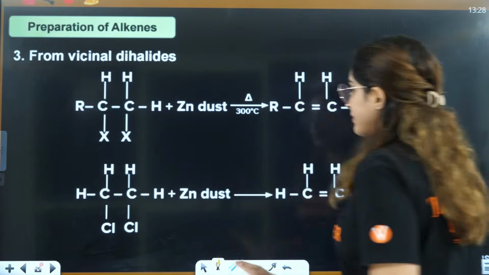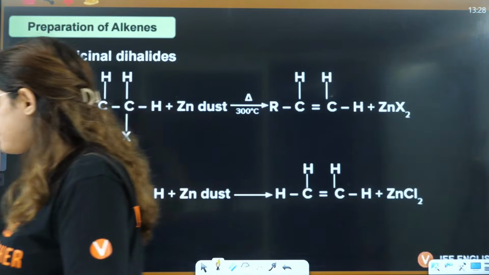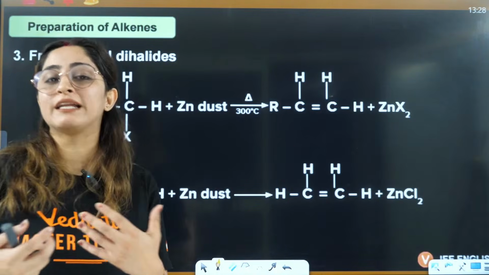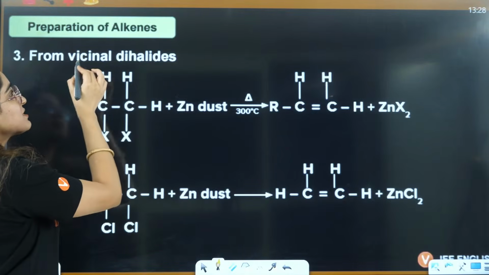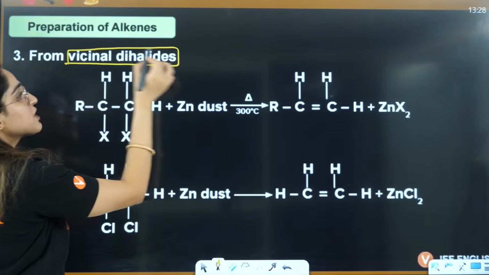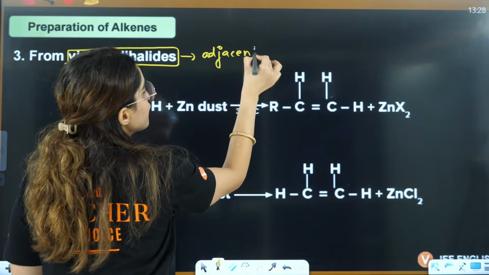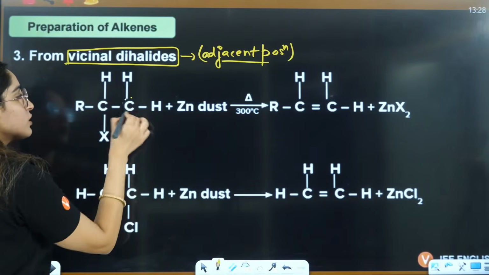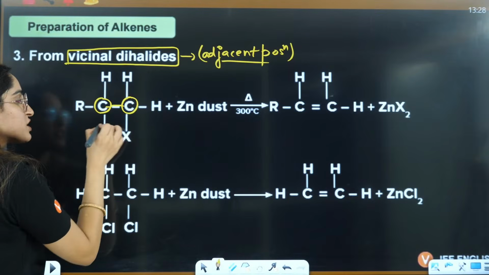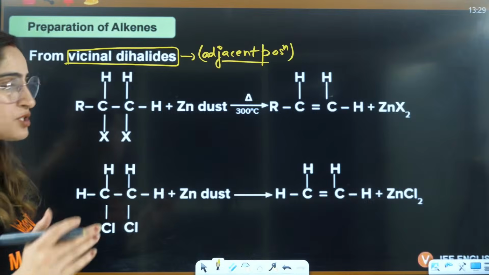Then there are some reactions, that is vicinal dihalides and geminal dihalides. From there, what reagent will we use? If you have a vicinal dihalide, it means a halide on the adjacent positions: carbons adjacent to each other, with one halide attached to each.